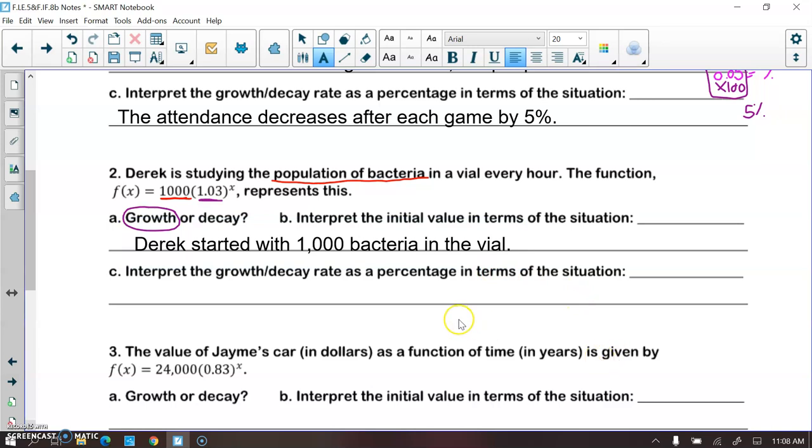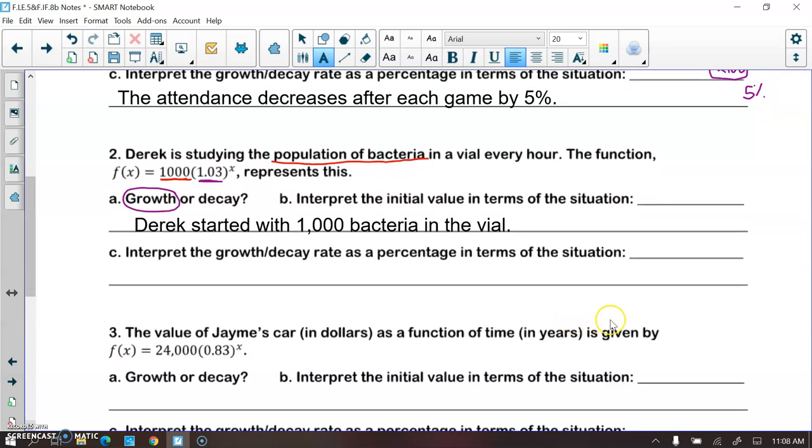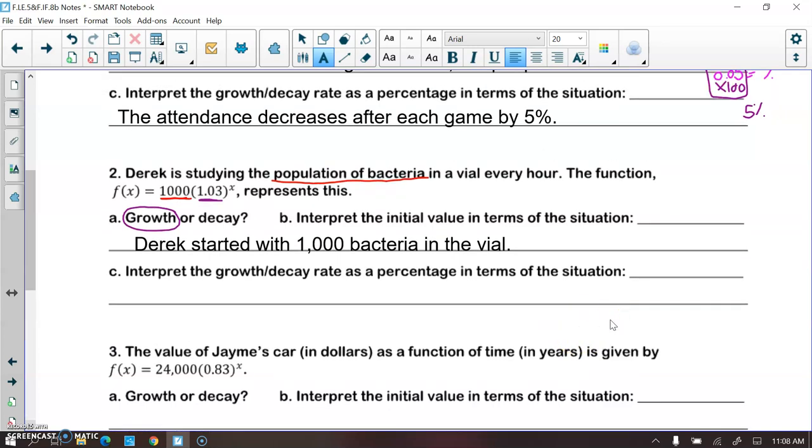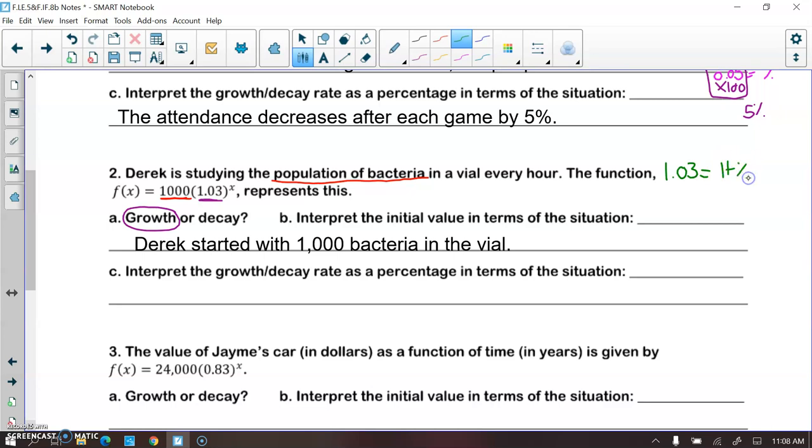Then we need to interpret the growth rate, in this case it's the growth rate, as a percentage in terms of the situation. So again, this is not 103%. To find the growth rate here, we're going to take my b value, which is 1.03. I'm going to set it equal to 1 plus my percent expressed as a decimal. Subtracting 1 from both sides, I get 0.03 is my percentage expressed as a decimal.